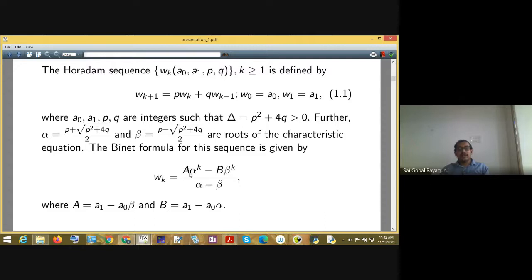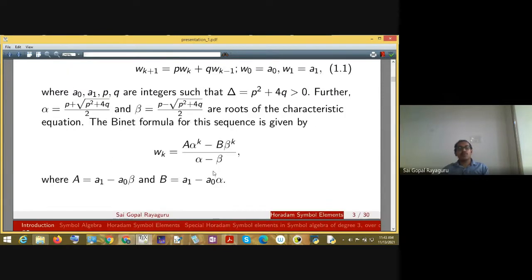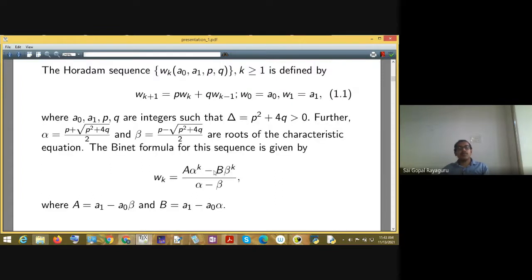This capital A and capital B are solved by substituting the initial values W_0 as a_0 and W_1 as a_1. So we will get capital A as a_1 minus a_0 times beta, and capital B as a_1 minus a_0 times alpha. So this is the closed form expression for the Horadam numbers. So this is about Horadam numbers.